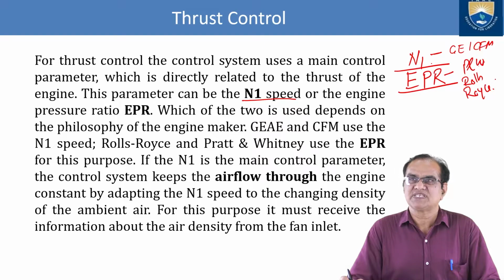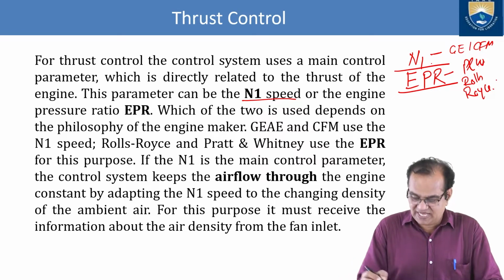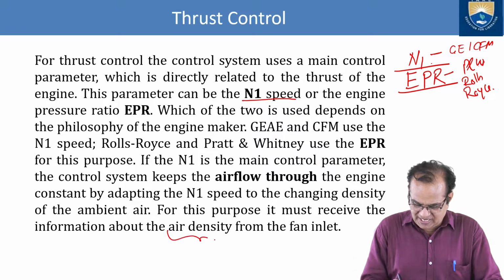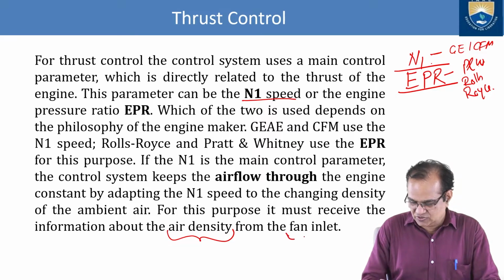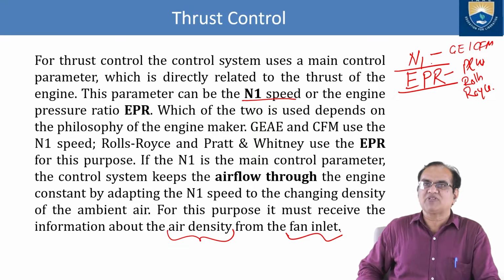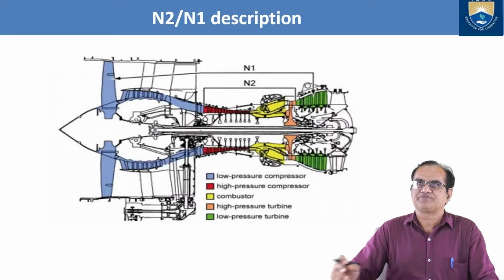For this purpose, it must receive the information about the air density from the fan inlet. So, from the fan inlet, it should get the air density of the atmosphere.